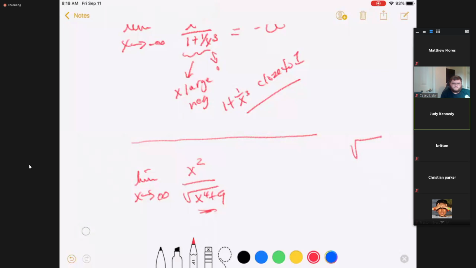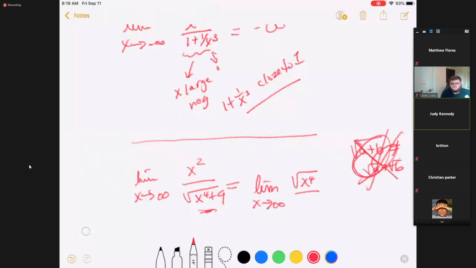Because the square root of a plus b is not equal to the square root of a plus the square root of b. That's so wrong. Cannot simplify the denominator. What I can do is write it in a different form. I can write x squared as the square root of x to the 4th.